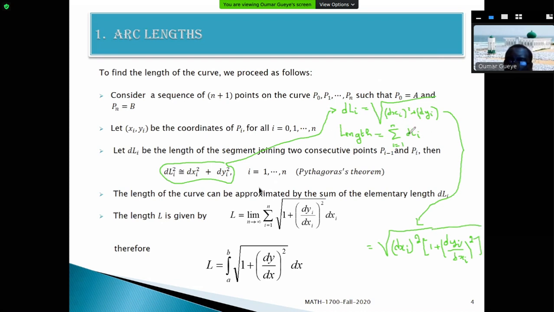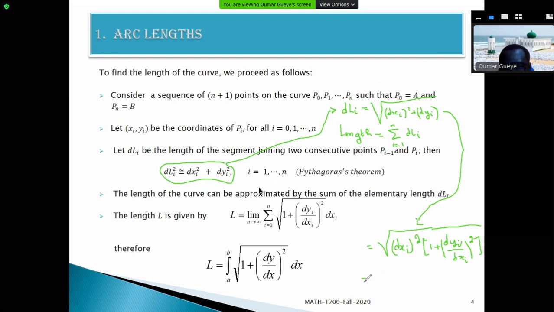Okay, this is exactly the same thing. If you put it back, the dxi inside the square brackets is going to be dxi squared times 1. You get the first term. And dxi squared times this second term, the dxi squared cancel out, and it remains only dyi squared. Now I'm going to factor out dxi.